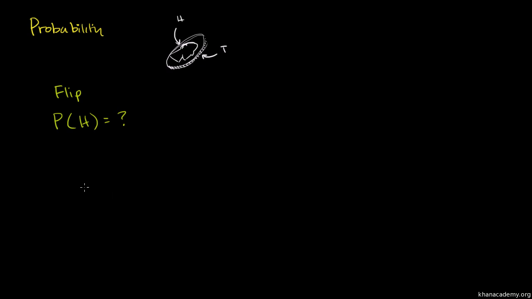So one way to think about it, and this is the way that probability tends to be introduced in textbooks, is you say, well, look, how many different equally likely possibilities are there? So the number of equally likely possibilities.